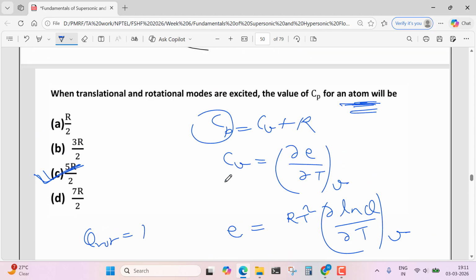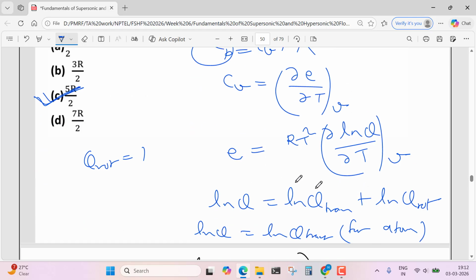And this we have to find for an atom. So for an atom there is no rotational mode energy, so log Q rotational will be 0 and Q rotational value will be 1. So log Q will be log Q translational.